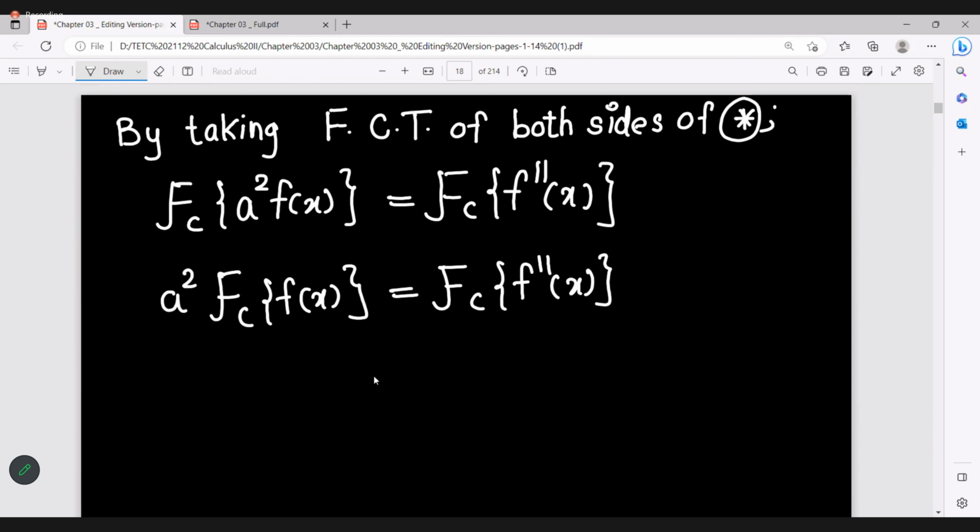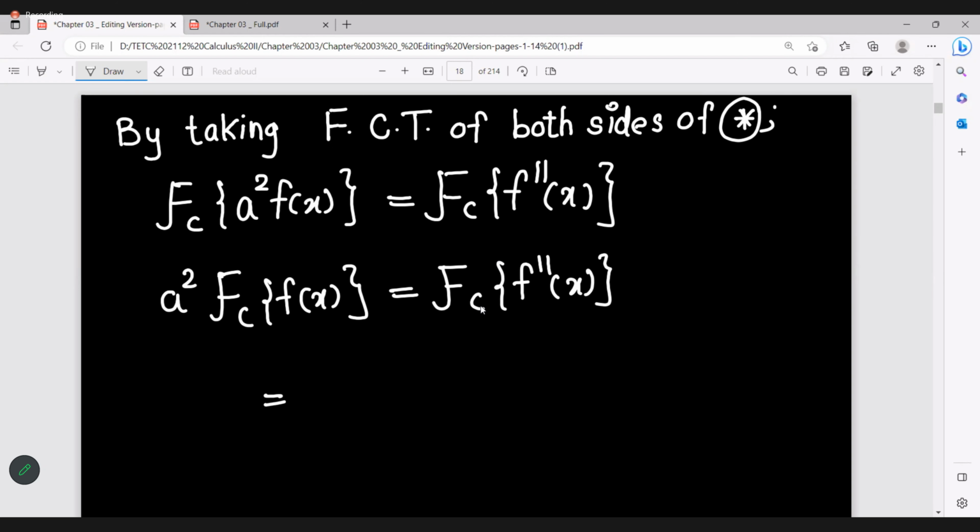Okay. So we can write a squared, write it again, this is equal to. Now let's replace this Fourier cosine transform of the second derivative of this function by the observation that we have obtained earlier. What is it?